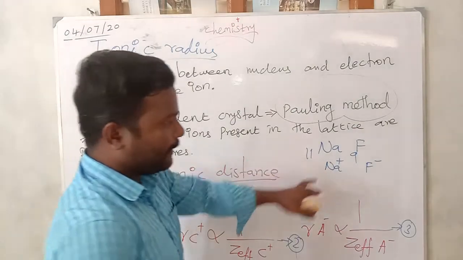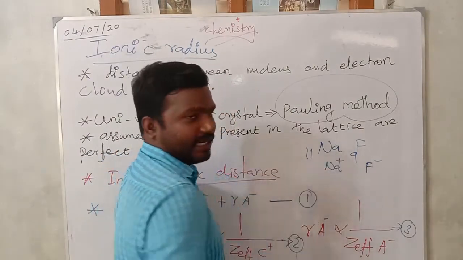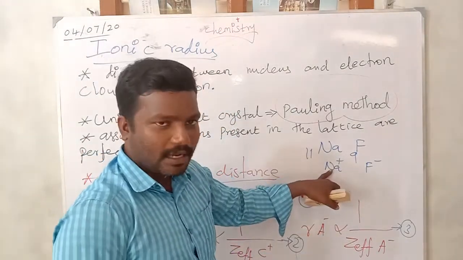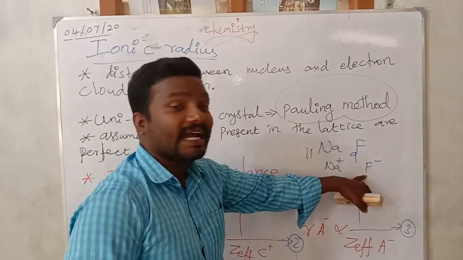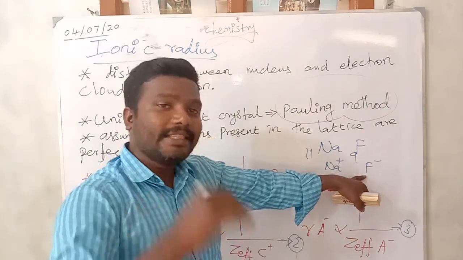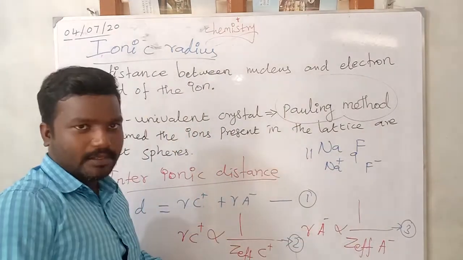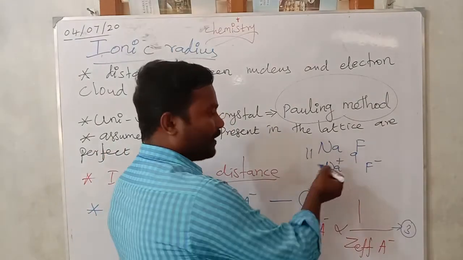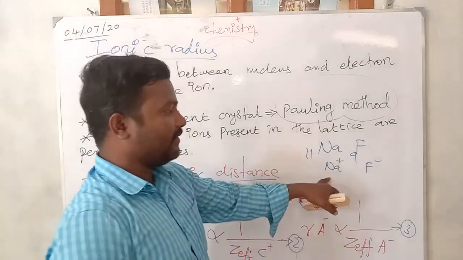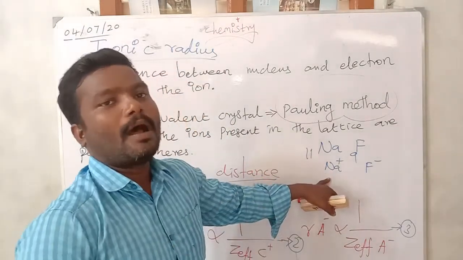Okay, come to the point. Noble gas configuration, that is the assumption of Pauling. Only the ions having the noble gas configuration, we can apply in this formula: radius of anion and cation is inversely proportional to effective nuclear charge. So we have to prove whether it has the noble gas configuration or not.